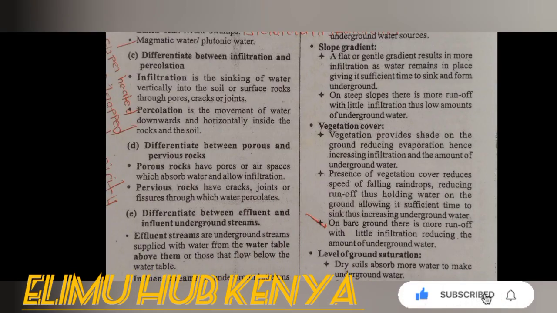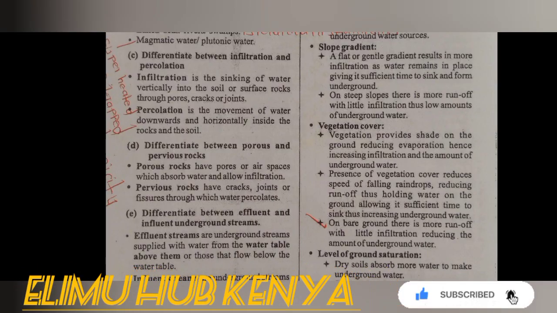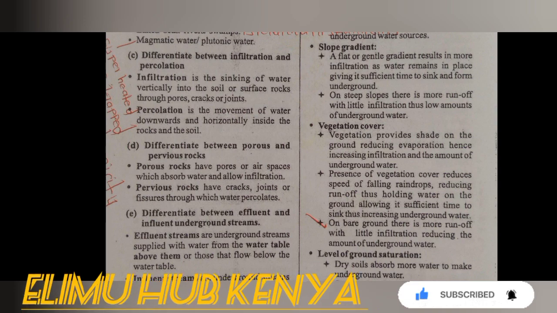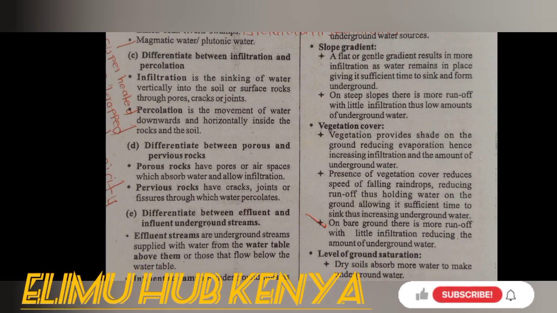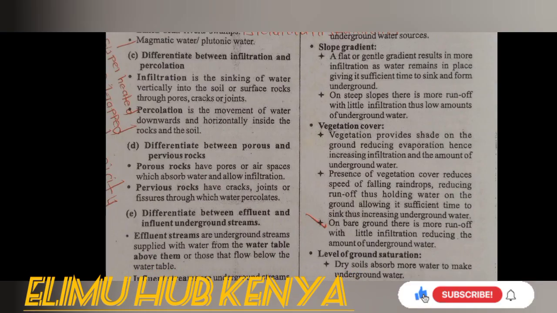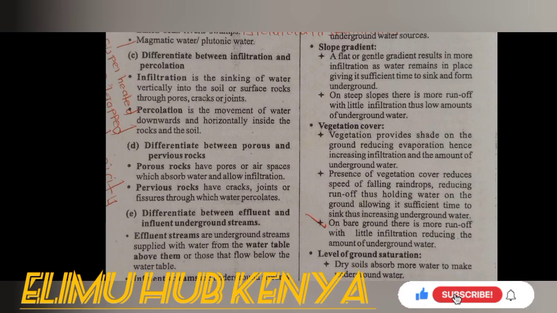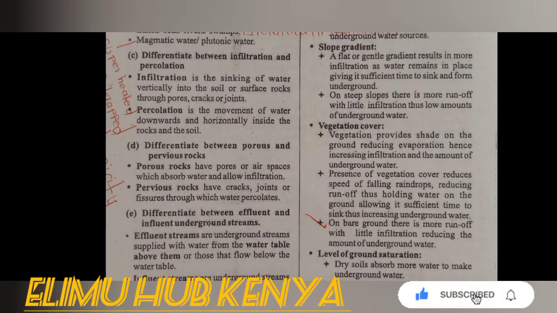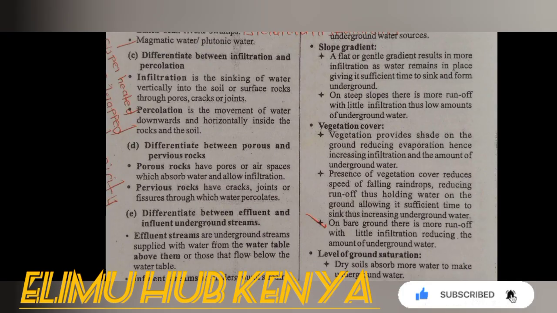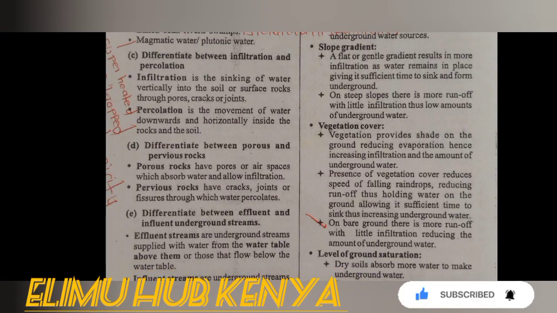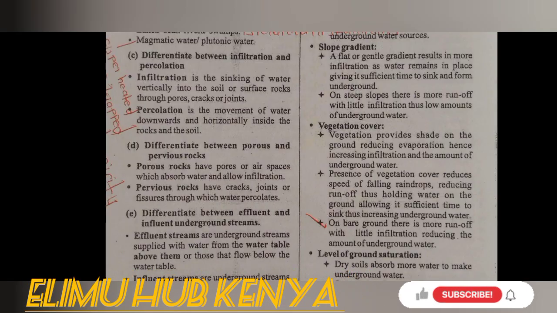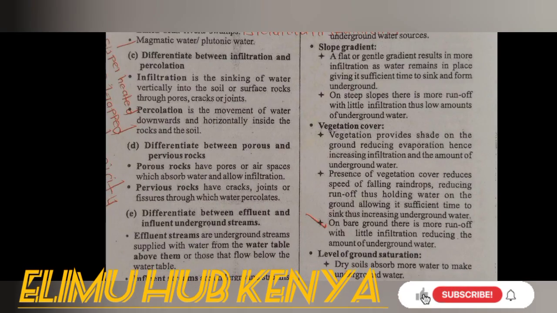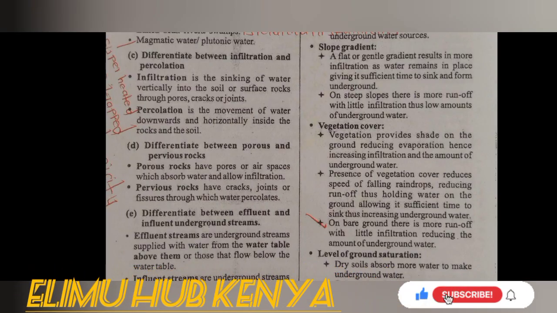So a flat or gentle gradient results in more infiltration, since water is given sufficient time to sink underground to form underground water. On the other hand, on a steep slope there is more surface runoff, which leads to little infiltration, and the end result is minimal underground water.